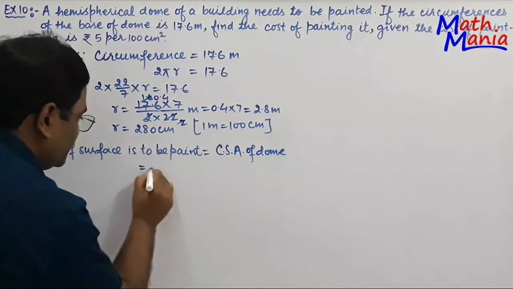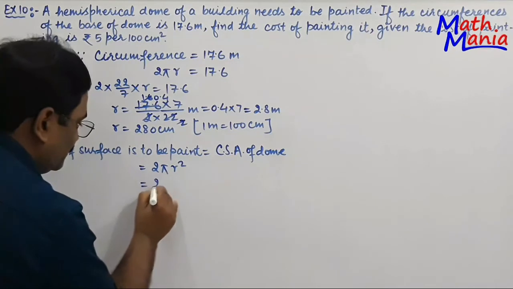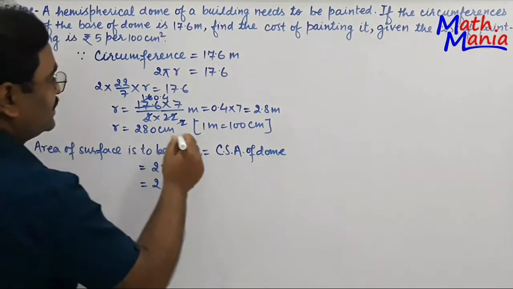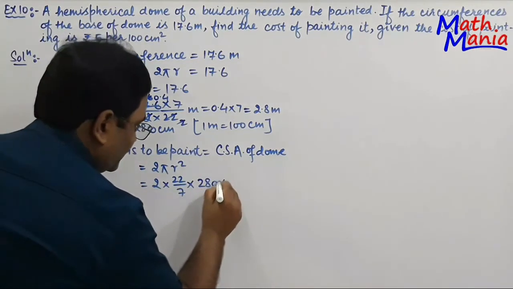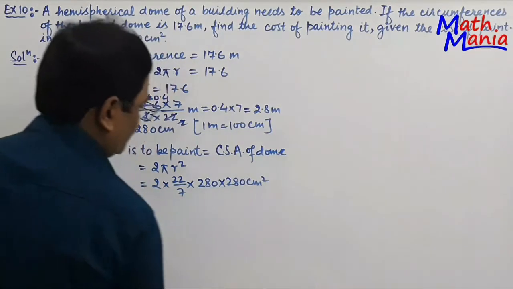Therefore CSA means 2 pi r square. So 2 pi is 22 upon 7 and the radius is 280 square, meaning 280 multiplied by 280 centimeter square.